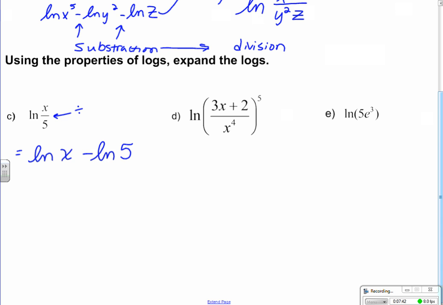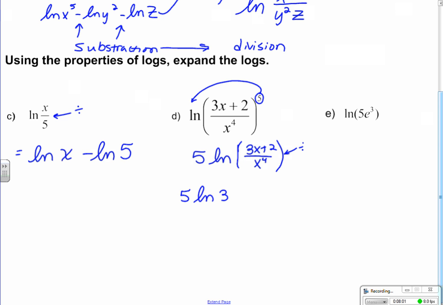On this one, I'm going to swing my 5 down first, using the power property. I'll use parentheses there, 3x plus 2 over x to the 4th. And then I see once again, division, so that's telling me to subtract when I make separate logs.